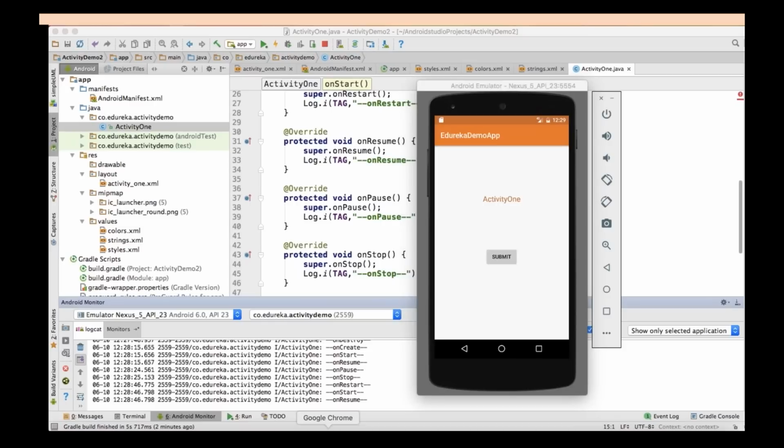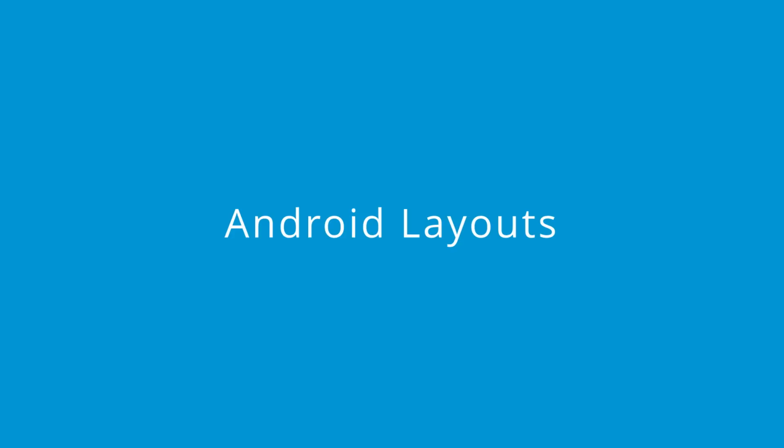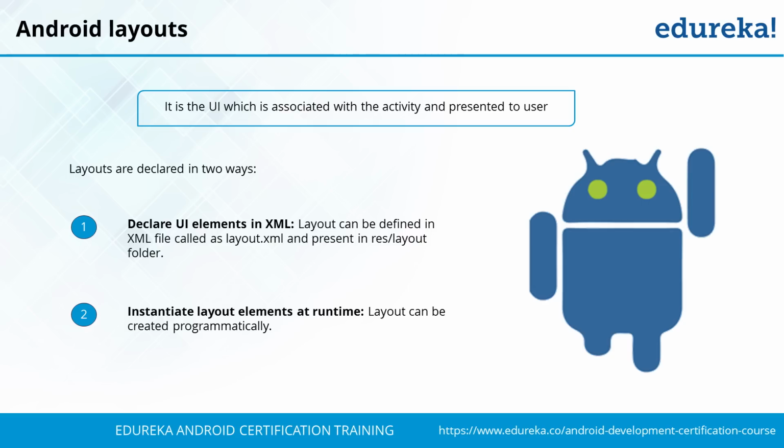All right, so let's slide down the presentation now, guys. The next part over here is what are the various layouts in Android. We got various layouts in Android, and we need these layouts so that we can align the views.